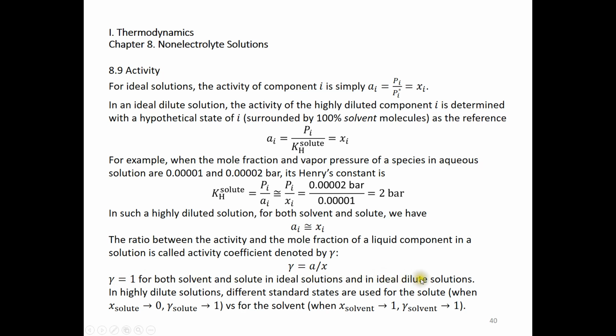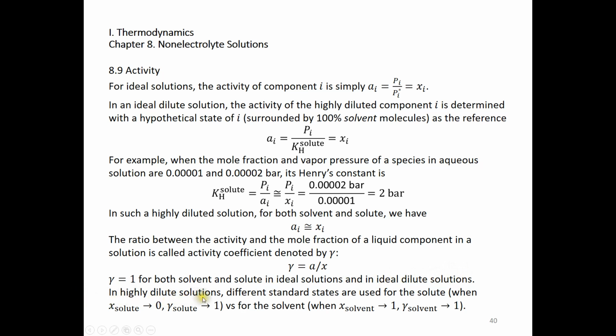In an ideal dilute solution, the situation is slightly complicated and a bit confusing, because each solvent is surrounded by 100% other solvent molecules, and each solute is surrounded by also 100% solvent molecules. So we are kind of using a different standard here.